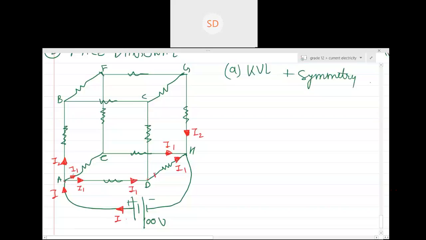So the same current I1 is not going up. The same current I1 has to go in this direction. So can you see there should be no current in this branch CD. Similarly, no current in branch FE as well. Is this clear, guys? Can you see the second concept of symmetry led to this analysis that none of the current should go through this DC part?